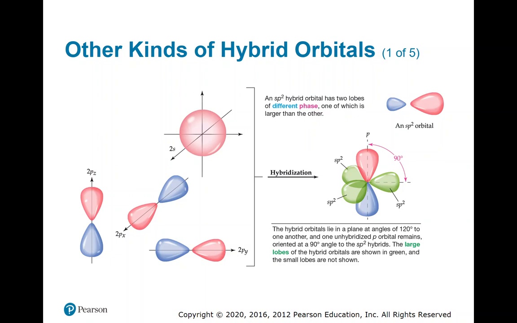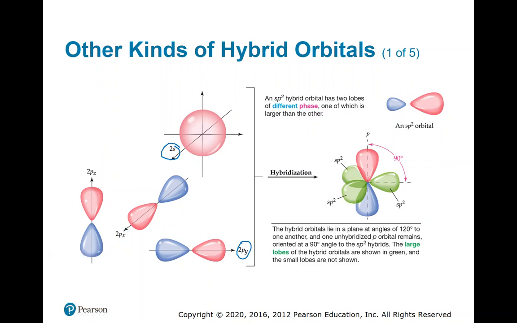Instead of taking all 3 of the p orbitals and hybridizing them with the 2s orbital, in the case of carbon, we're going to combine 2 of the p orbitals, specifically px and py, not that that is really important, and hybridize those with the 2s orbital. So we get 3 new orbitals out, and they come from combining 1 s orbital with 2 different p orbitals.